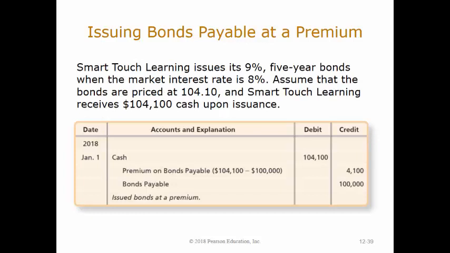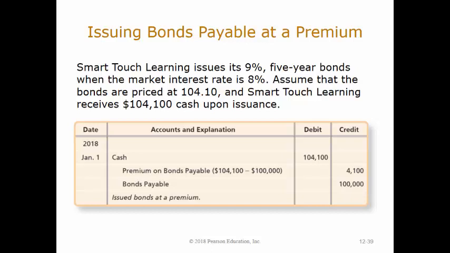To illustrate a bond premium, let's change the Smart Touch Learning example. Assume that the market interest rate is 8% when Smart Touch Learning issues its 9% 5-year bonds. These 9% bonds are attractive in an 8% market, and investors will pay a premium to acquire them.